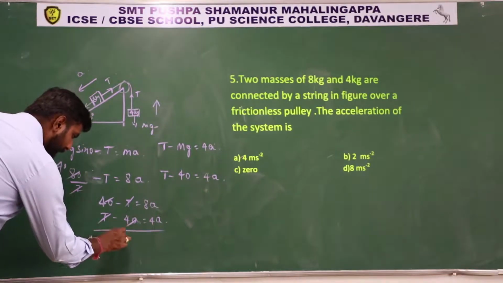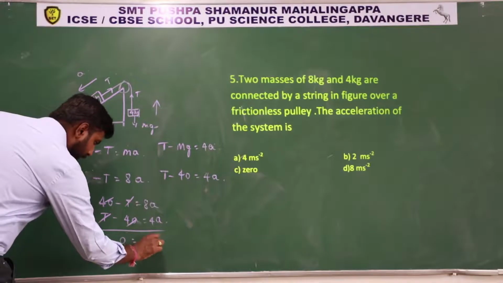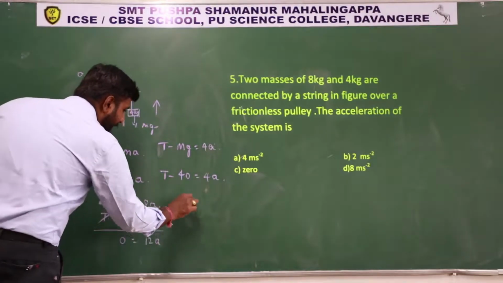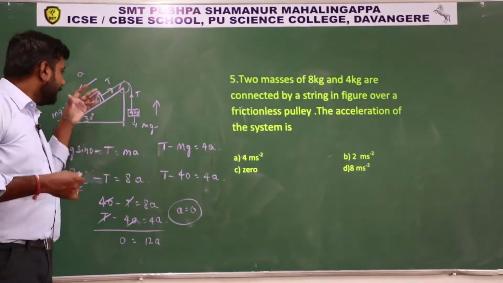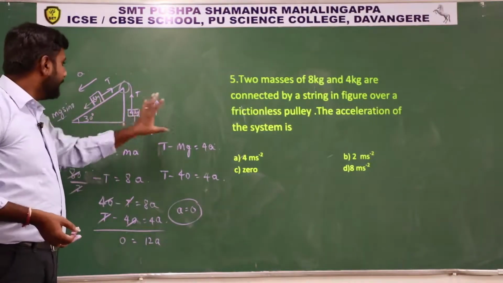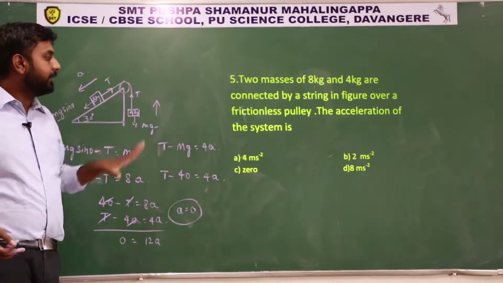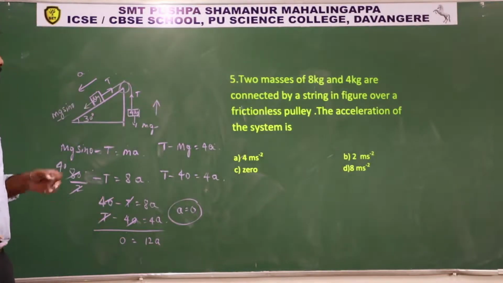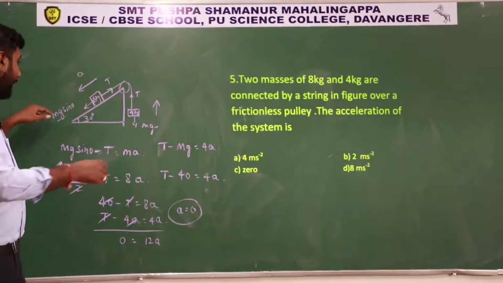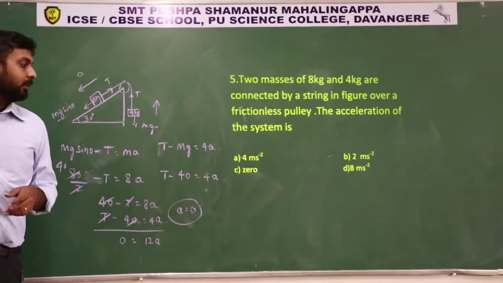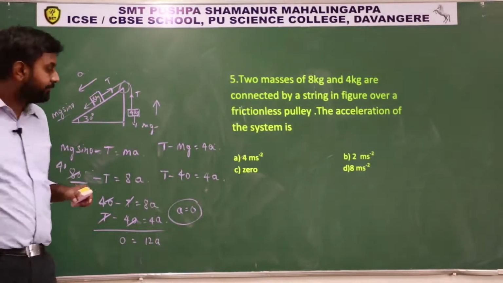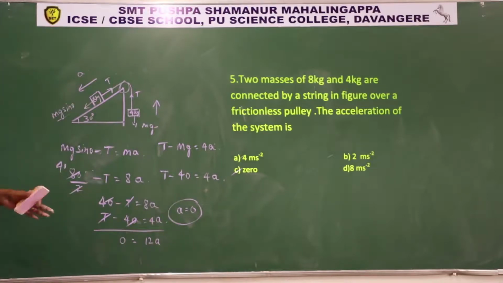Then you get 0 is equal to 12a. That means finally the a value you will get is 0. So both are balancing each other. That means in this diagram, the acceleration of the system is 0. Both forces are acting in equal magnitude, opposite direction. In this way you can get the equation and find the value of a.